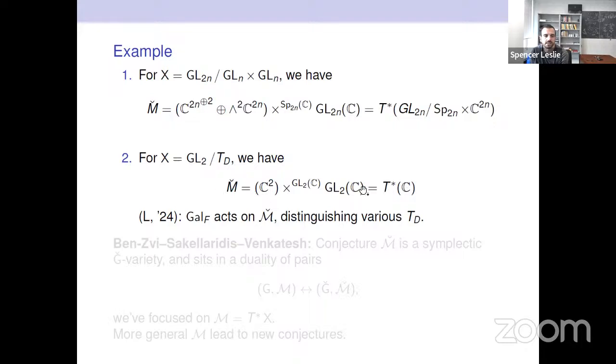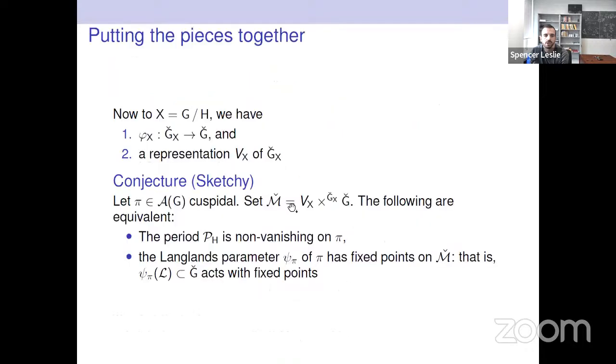And the point here is that in a recent preprint, I was studying these periods from a different perspective of rationality of varieties, and I actually recover this representation Vx in a completely different way.